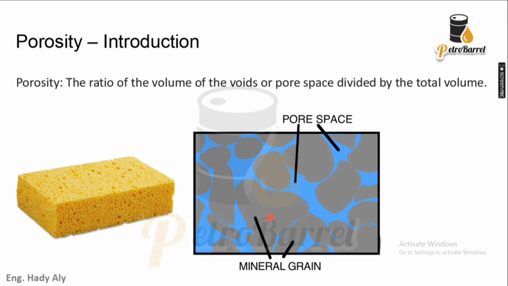So here we have three volumes. The pore spaces volume, which is this volume, which has light blue color. Bulk volume, which is the total volume of this square. And I have matrix volume, which is the volume of the mineral grains, which has gray color.